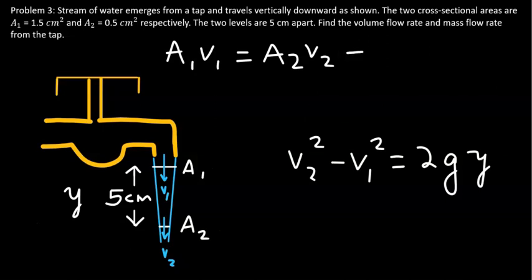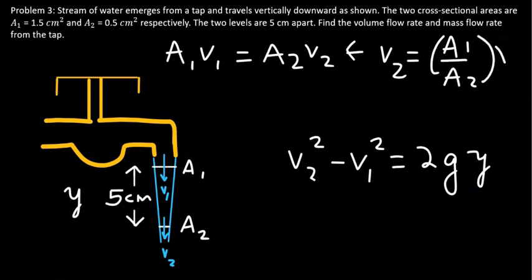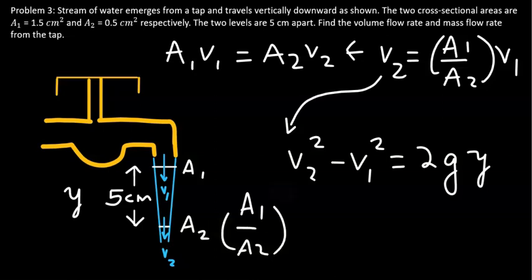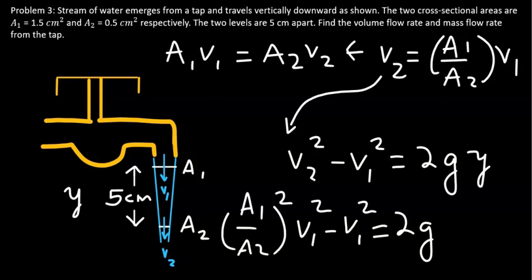However, from the equation of continuity, we can solve for v2. So v2 is given by A1 over A2 times v1. And we can substitute v2 into here, and we will get (A1 over A2) squared v1 squared minus v1 squared equals 2 times gravity times y, and y is 0.05 meter.